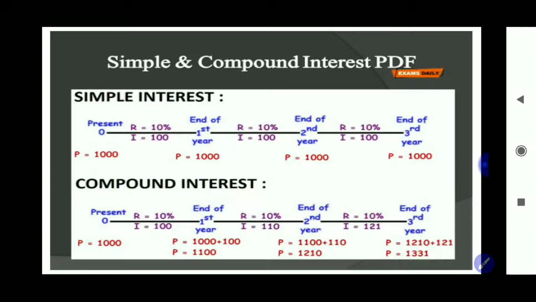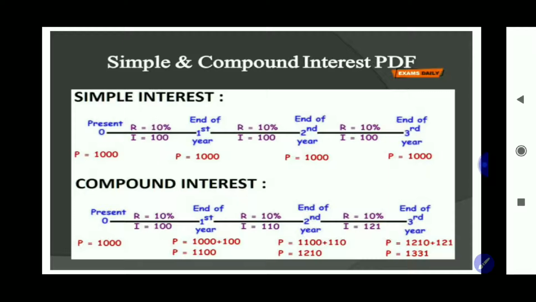That is 1210. In the third year, the interest is 10% on 1210. So it is 121 rupees. At the end of the third year, the principal becomes the previous principal, that is 1210, plus the present interest 121.